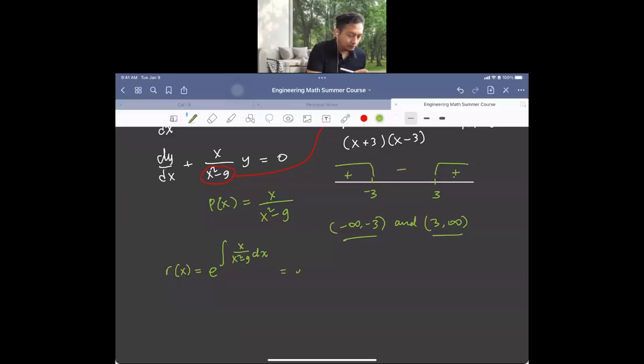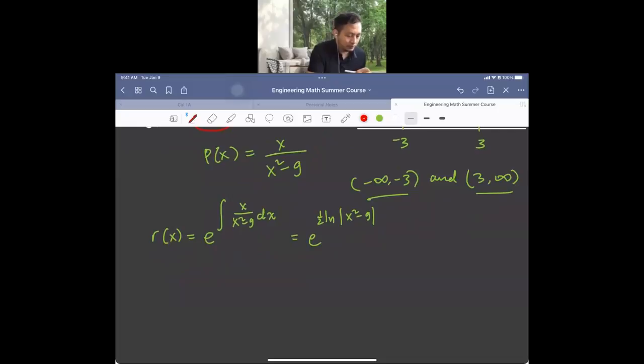This is ln, right? Half, right? If you don't feel confident, you can try substitution.